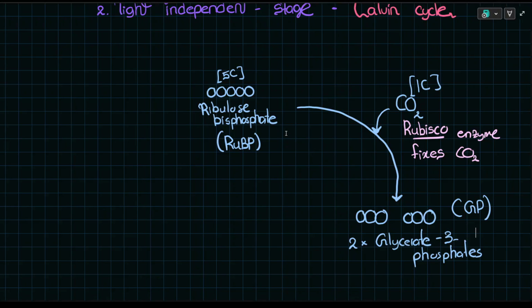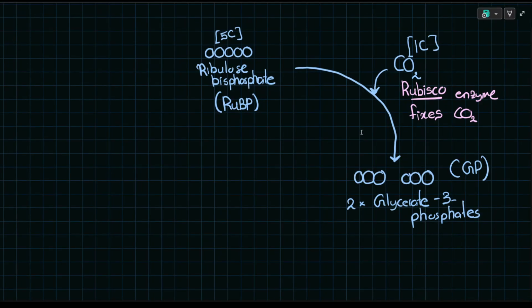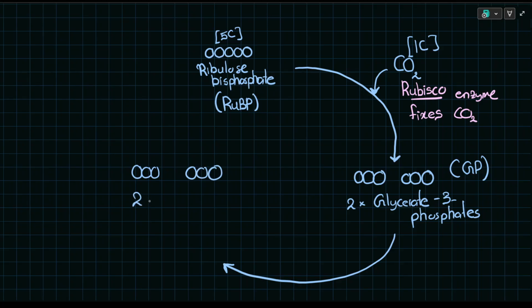Simple, right? And then we have the final compound of this metabolic pathway. Once again, 1, 2, 3, 1, 2, 3. Now we have 2 triose phosphates, TP for short.